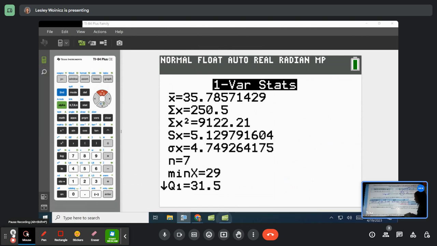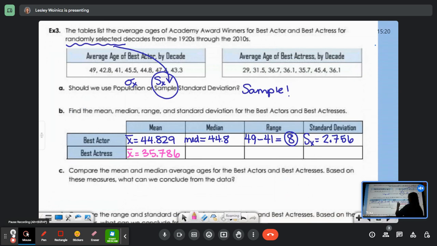Okay. Median. I got 36.1. For the range, it was 45.4 minus 29, and you should get 16.4.